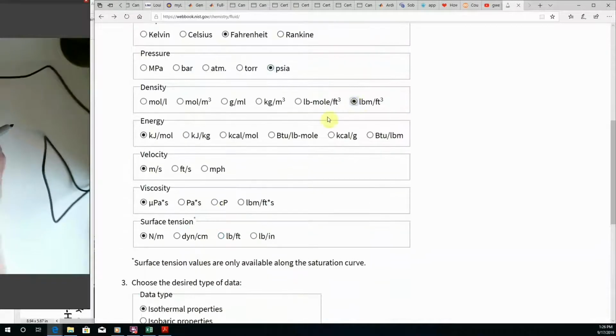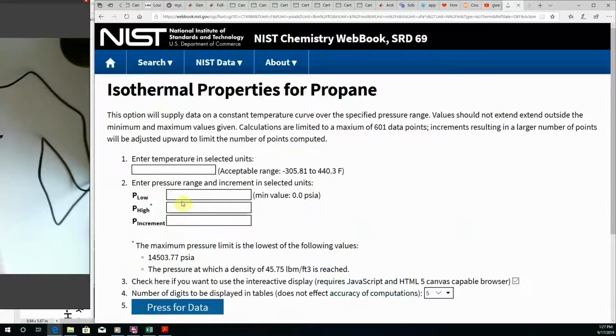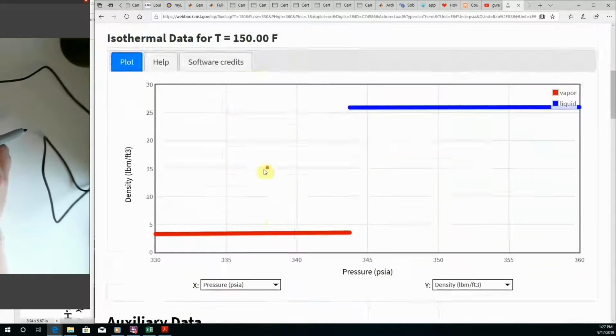I want to change this to pounds per cubic foot so that I know what I'm doing. So click that, enter a temperature. We already know it's 150. For P low, I can make it whatever, 330, because I already saw it sitting on that Cox line at around 350. And I can make this step 0.1. Let's get our data.